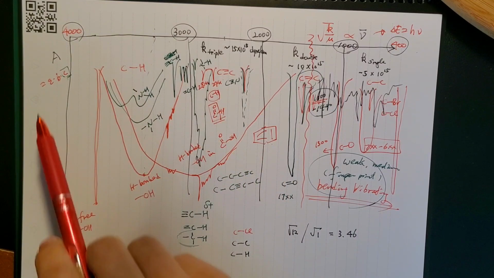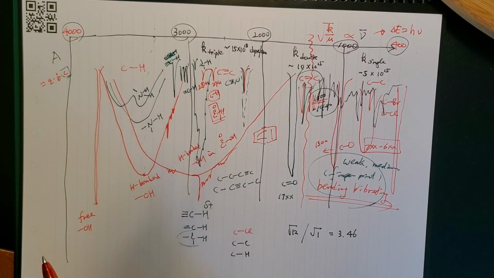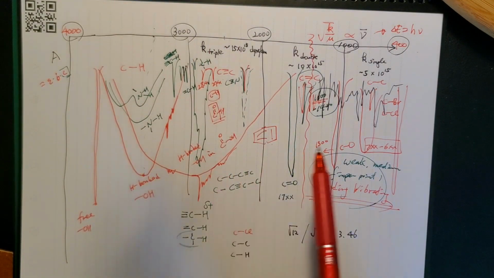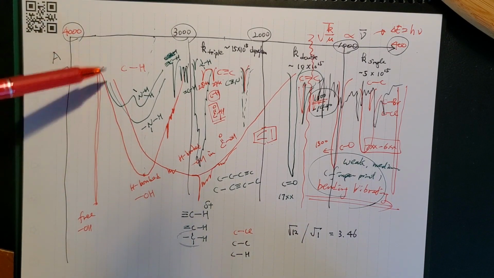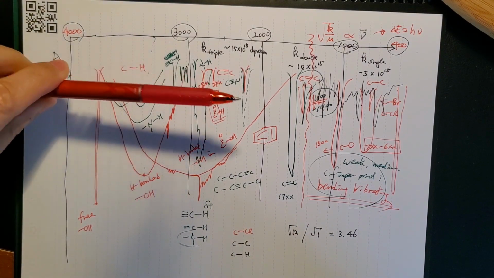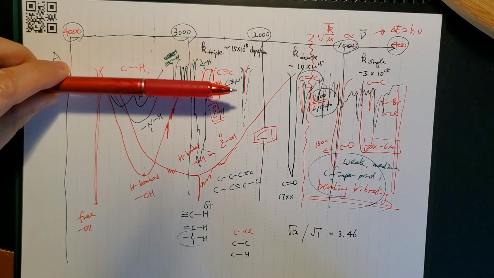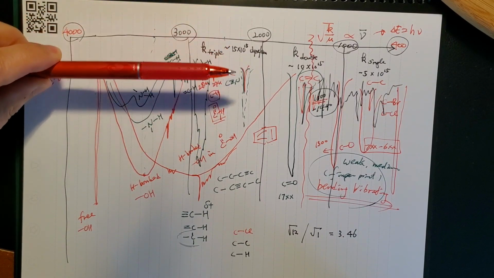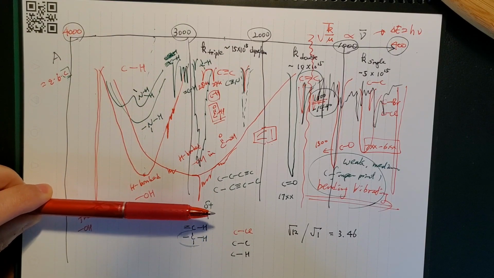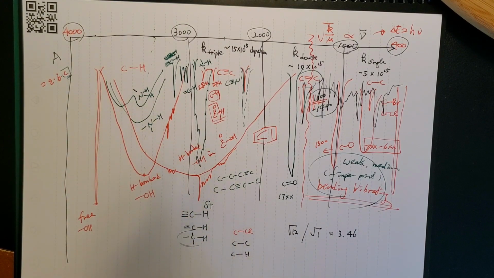Then the single bond with hydrogens with the other atom, and triple bond, double bond, single bond. Nonpolar bonds give weaker absorption, more polar ones stronger, and an extremely polar functional group gives very strong signals.